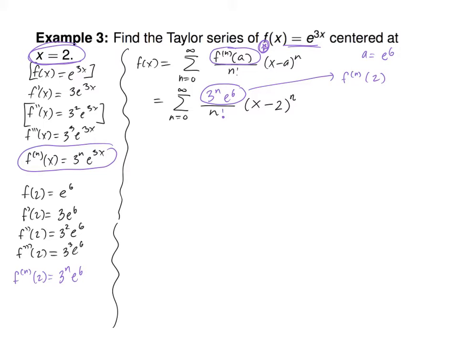And when you plug in 2, you always have this e to the 6th every single time, and then you have 3 to whatever power derivative you have. 3 to the first for the first derivative, 3 to the second. So that's not your a. Your a is the centered value, and that thing is what you get when you plug that number in. I was making a mistake for a second, I thought it was f the n multiplied by a. No, it's f the nth derivative with a put in. Yes, input that value.